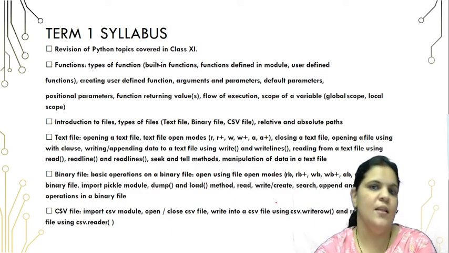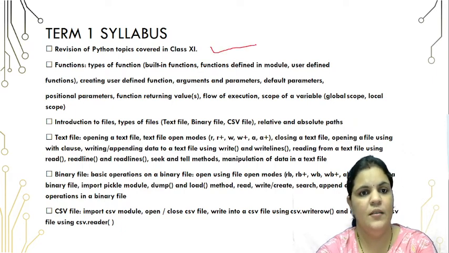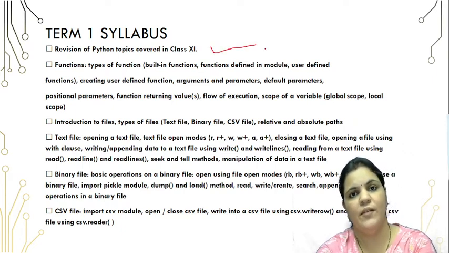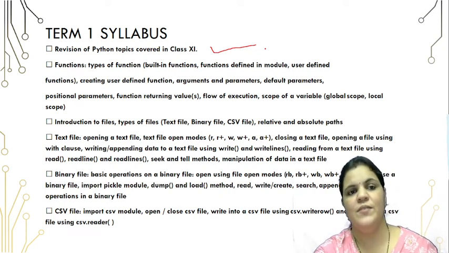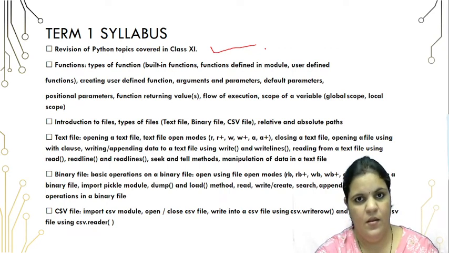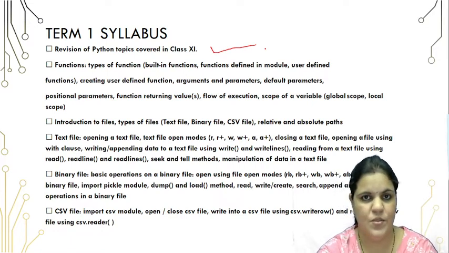In the term 1 syllabus you will have a revision of Python topics covered in class 11th. That means whatever Python you have studied in class 11th will be there in the term 1 examination. Why is it so?